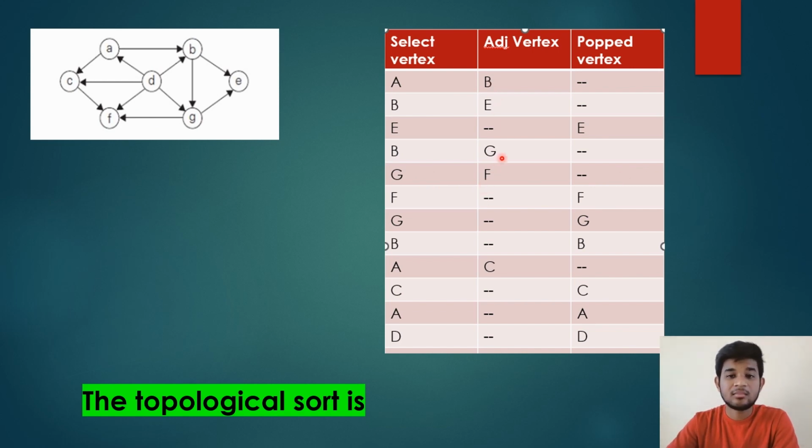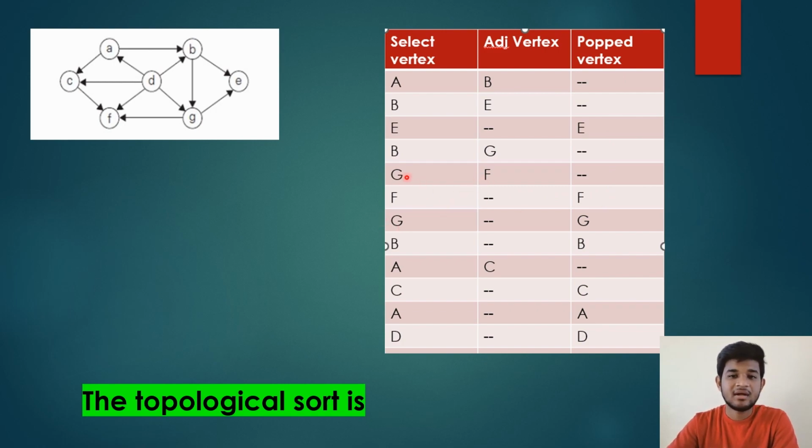And put the adjacent vertex F into the select vertex and find out the adjacent vertex. For F, there is no out degree because all three are only in degrees. Therefore, pop that F and put it in the popped vertex column. Now F is popped.